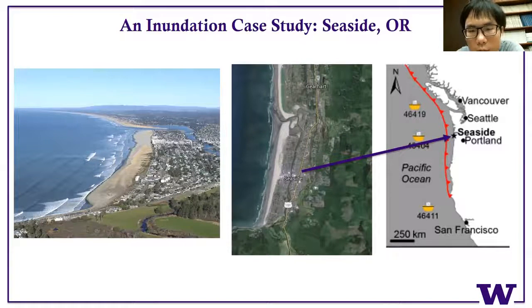So the 2 figures on the left are top views of the city Seaside in Oregon, and you can see it's right next to the Pacific Ocean. And the figure on the right shows the geographic location of Seaside, and it's very close to Portland and Seattle.